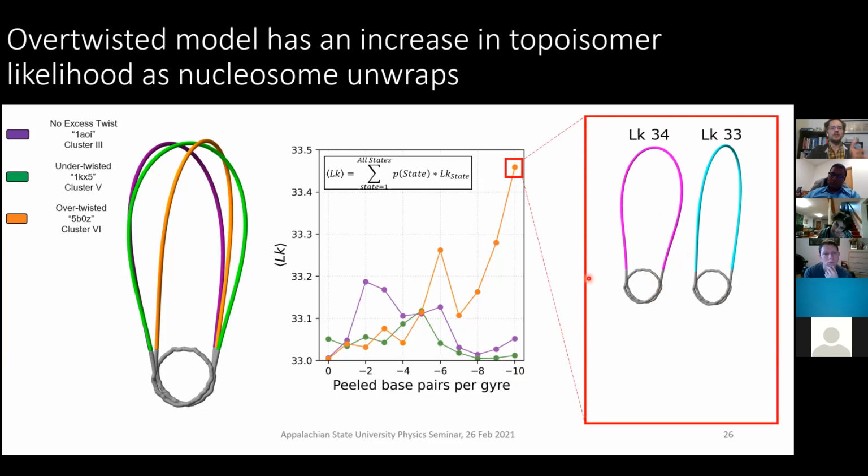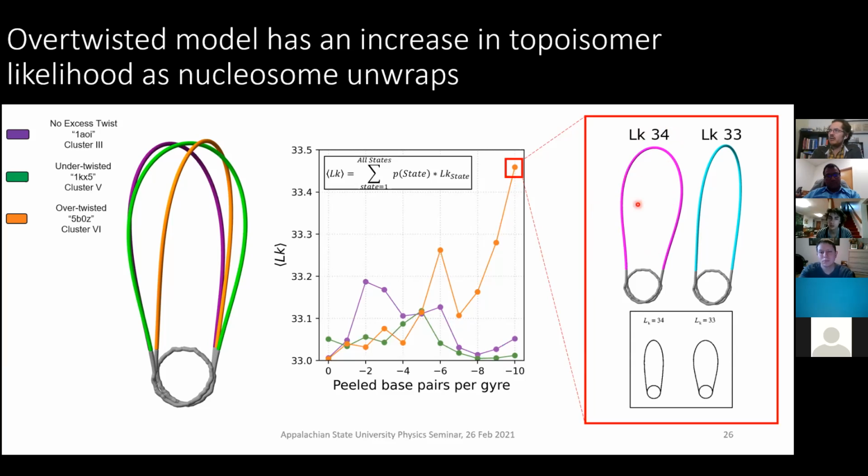What was really cool was the previous Monte Carlo studies that were done in the 90s showed the exact same configurations, but in different configuration states. So this more open configuration in magenta for 34 that we calculated should be what is for 33, this optimized state in 33.